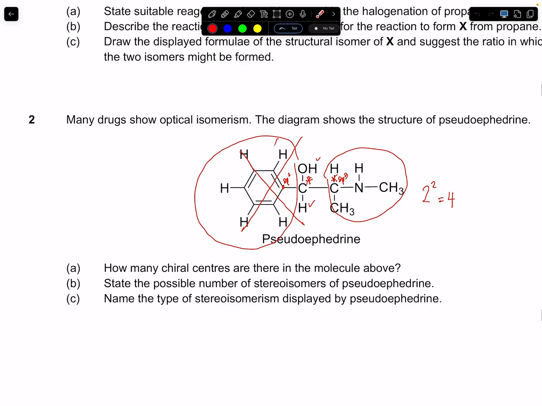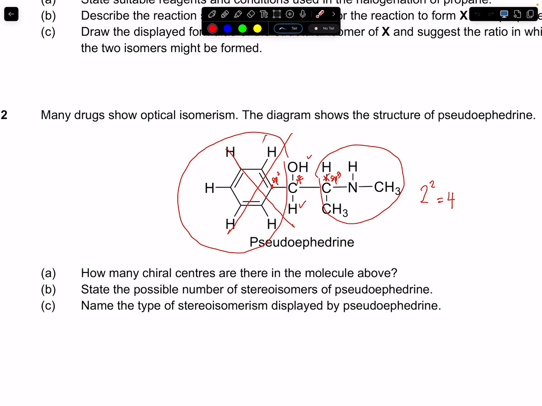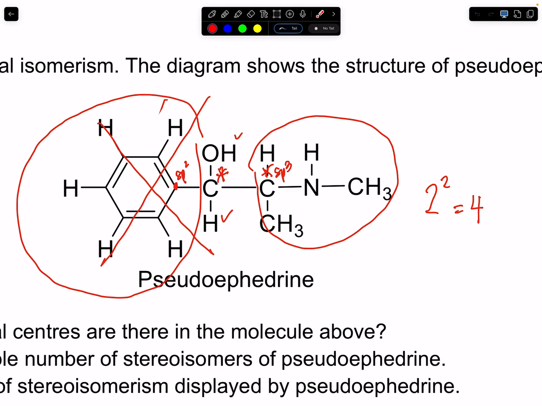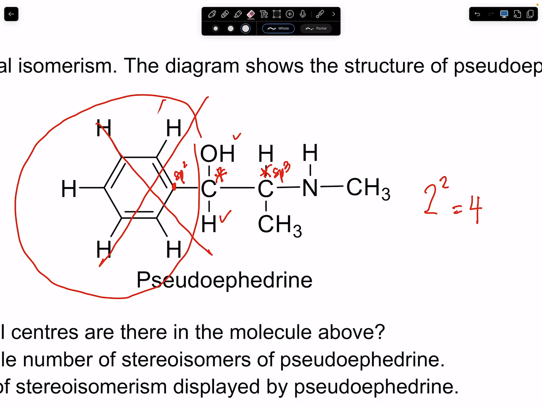I know you can turn the first carbon and the second carbon, but can the H bonded to the nitrogen spin also? We are dealing with configuration.